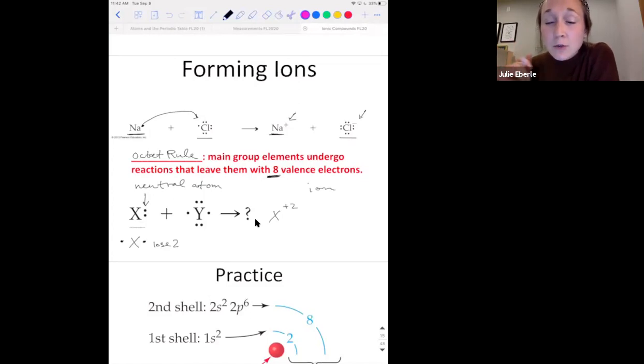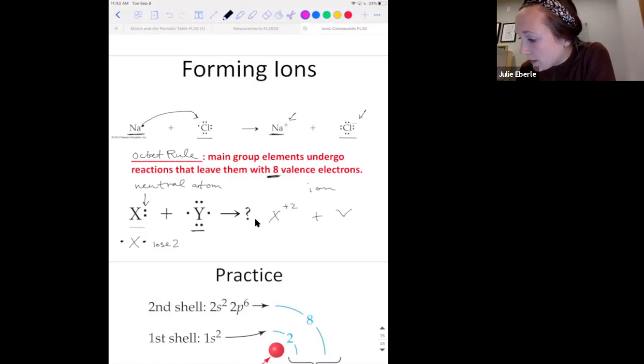We didn't change the number of protons. We just lost 2 electrons. So however many protons there are, there's 2 more than the number of original electrons. And we don't draw any dots around it, because the underneath shell is what has 8. We only represent with the dots what's on the outer shell, okay?